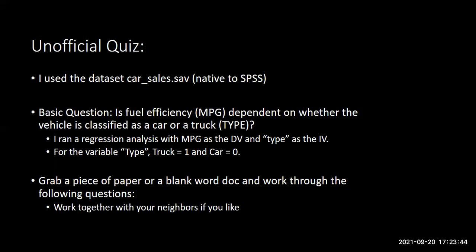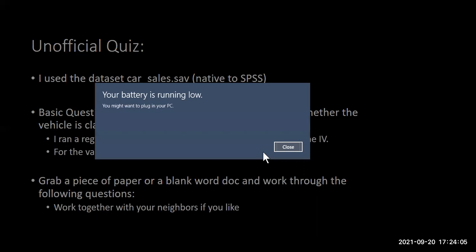So I have this data set. It's called car sales. It comes with SPSS, so you have access to it at all times. The basic question I'm going to ask here is: is fuel efficiency in miles per gallon dependent on whether a vehicle is classified as a car or a truck? And that variable is called type.